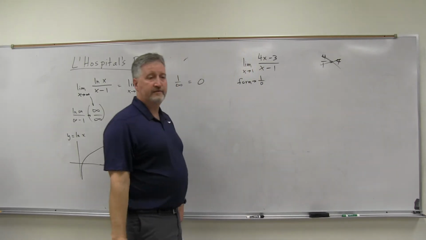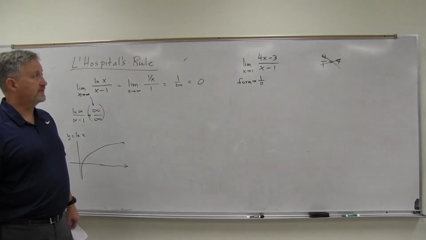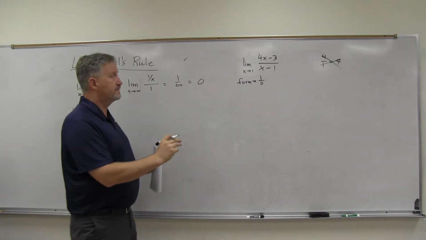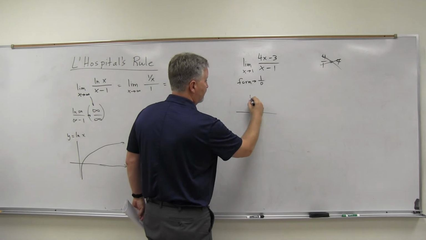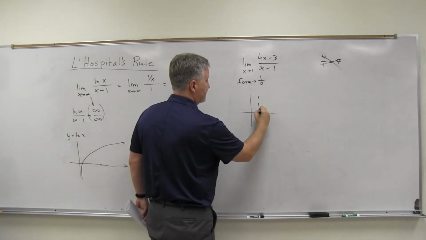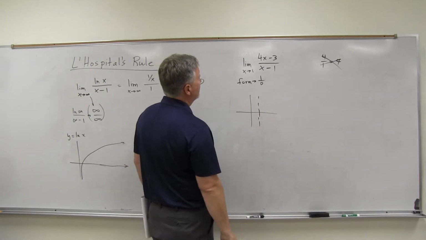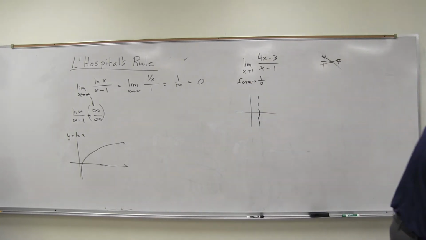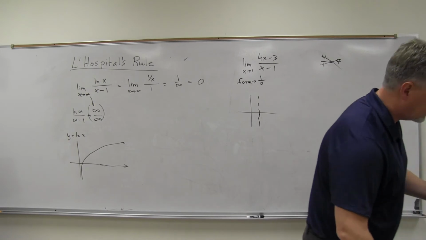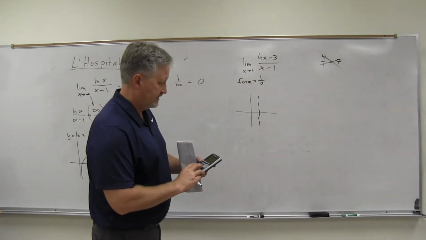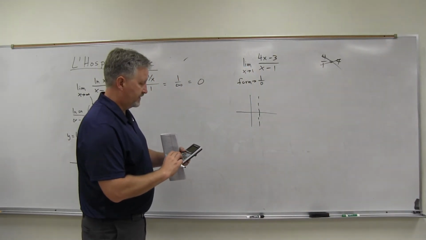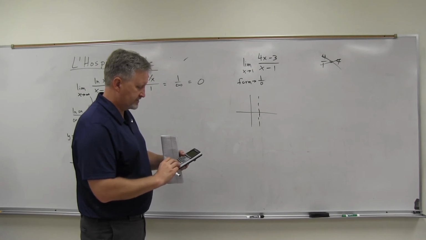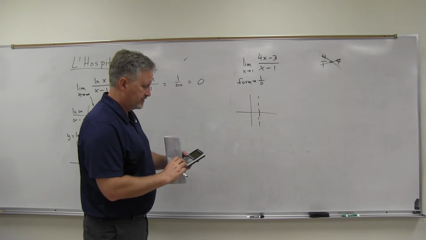And that isn't right. If you think about a table of values, or look at the graph of this, you'll see a vertical asymptote at 1. If we graph this, it isn't proving it, but we could do it with a table.